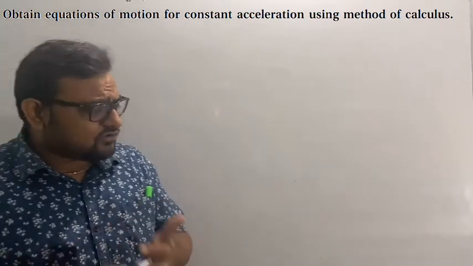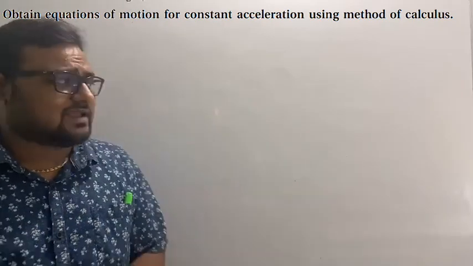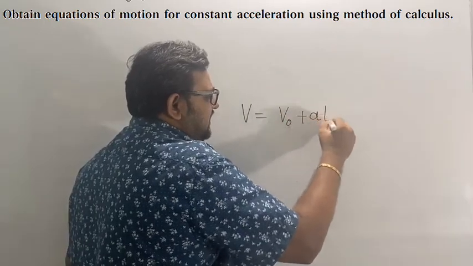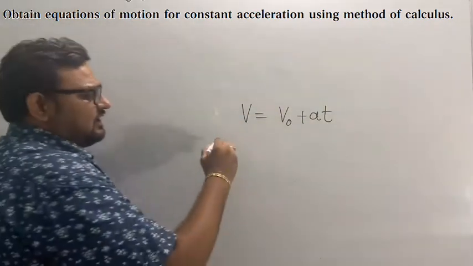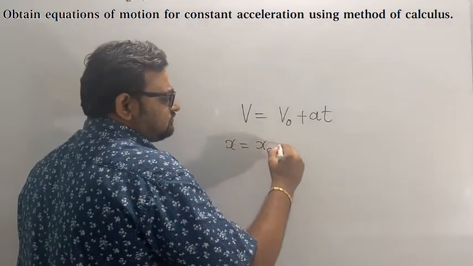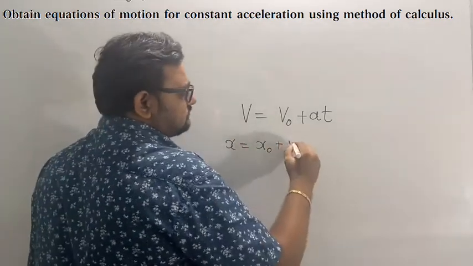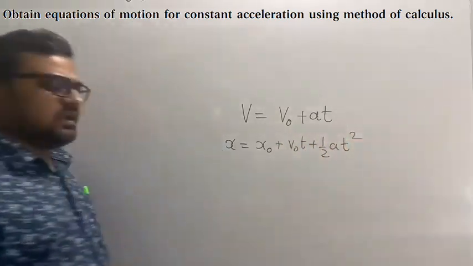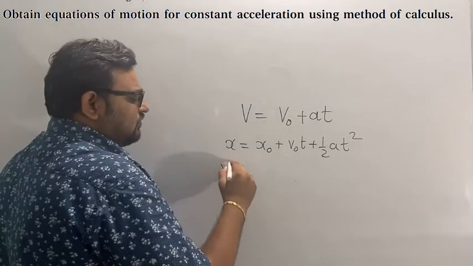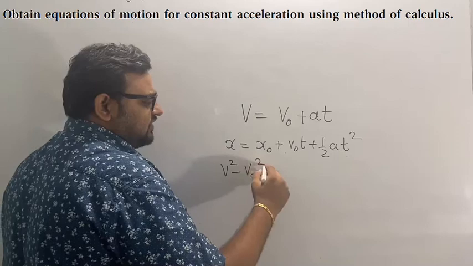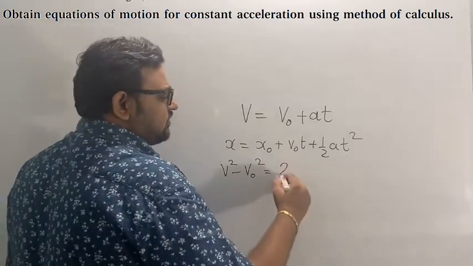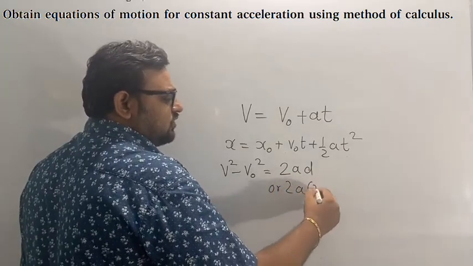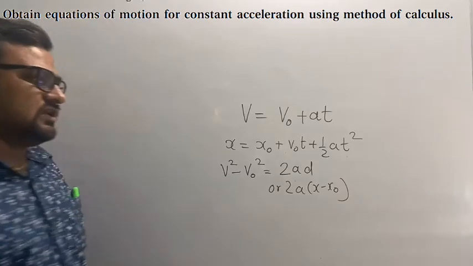You have already studied these equations: v equal to v0 plus at, x equal to x0 plus v0 t plus half a t square, and v square minus v0 square is equal to 2a(x minus x0), where x minus x0 is the displacement.